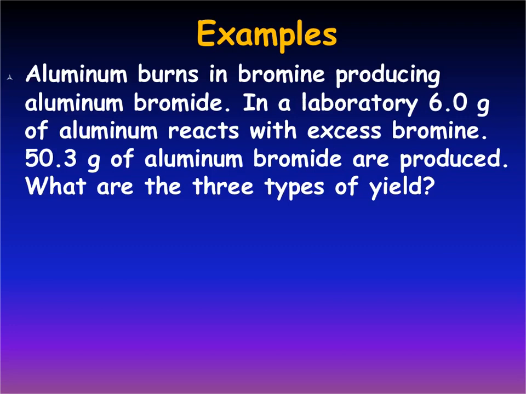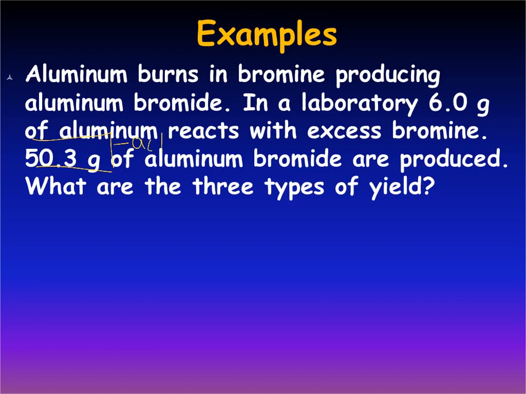It says we have 6 grams of aluminum, and we end up with 50.3 grams of aluminum bromide in the laboratory.